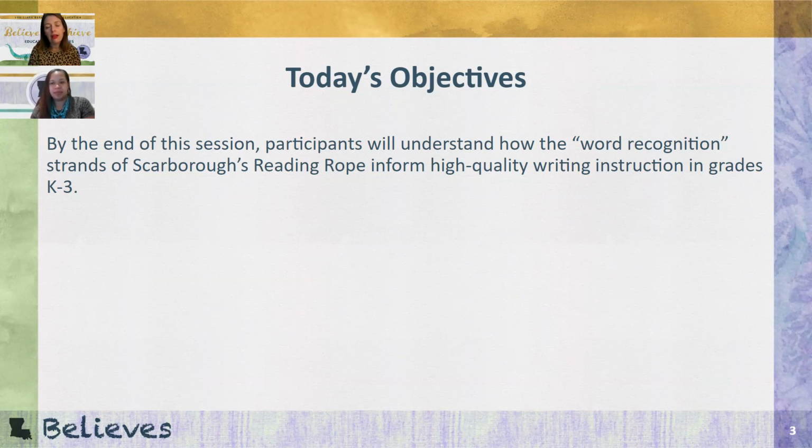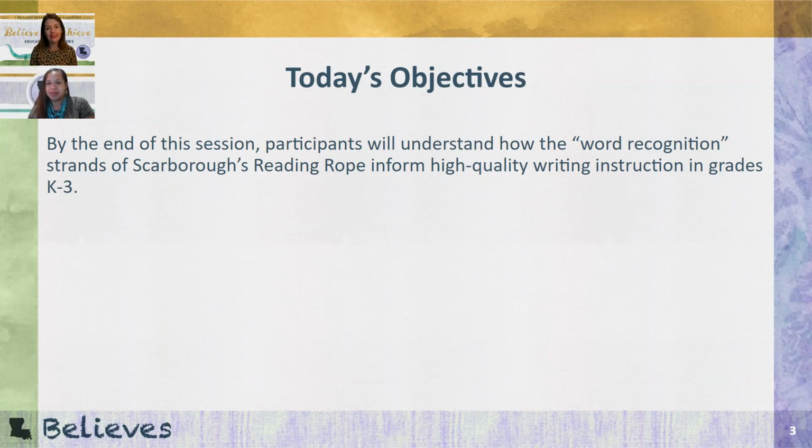As we completed our series on the science of reading this past summer, some of the feedback that we got, or the questions that we got, surrounded writing. We had so many questions about what does writing look like in K-3. And so that's where this series came. This series was born out of the questions that you guys had as a result of our Science of Reading series.